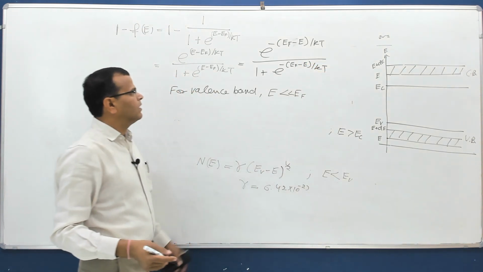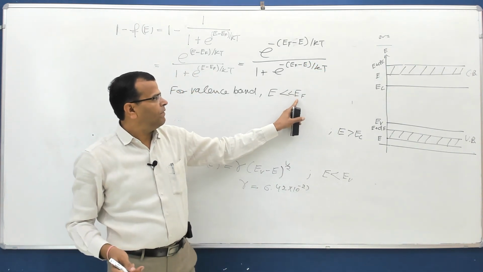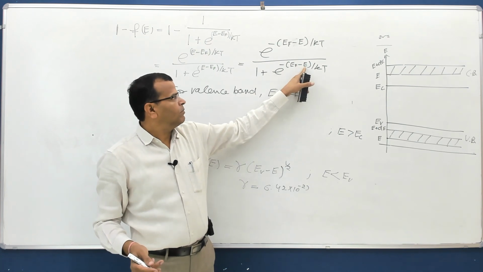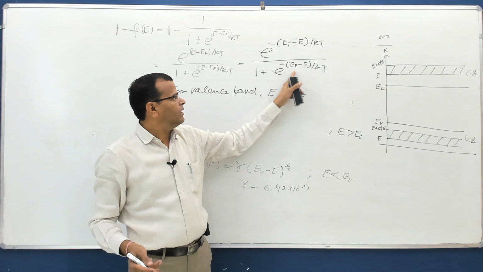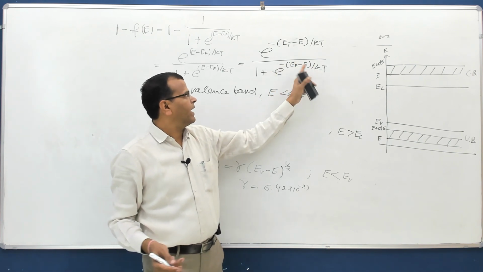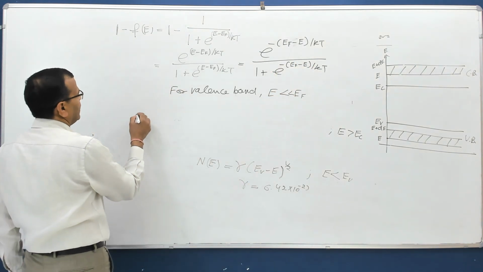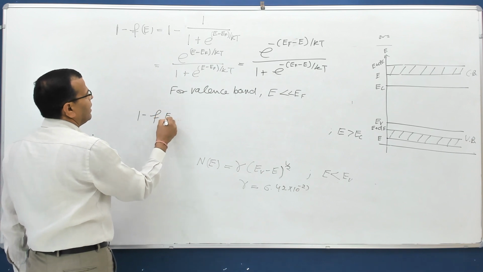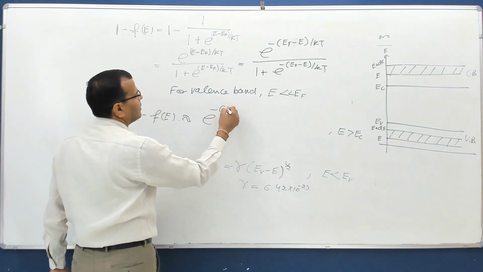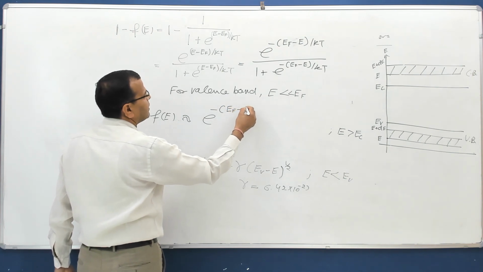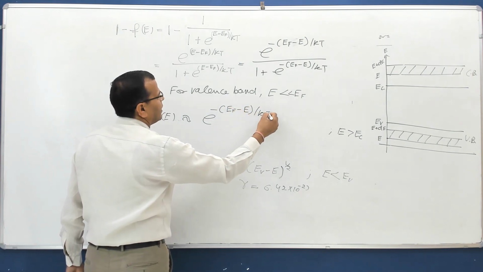So E is much smaller than Ef. This exponent becomes very large, and if this is very large, the 1 can be neglected. So in that case, 1 minus Fe can be approximated as e raised to power minus (Ef minus E) by kT.